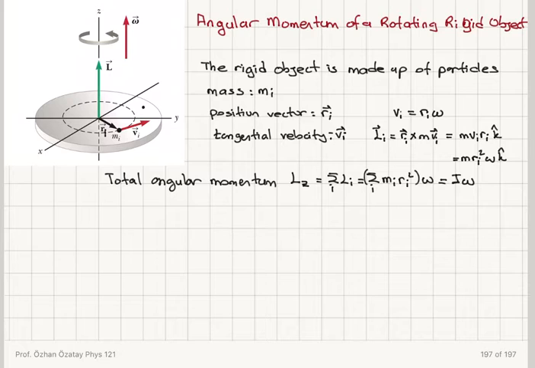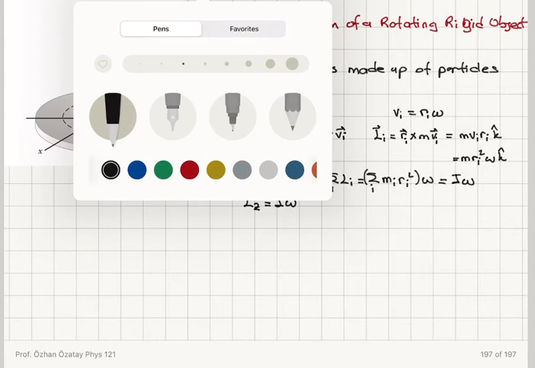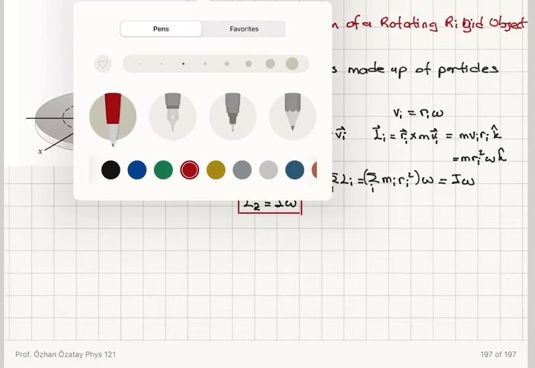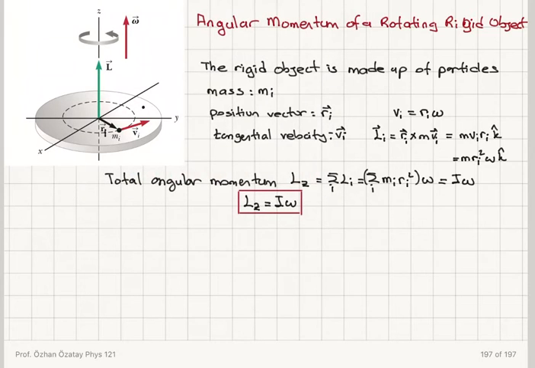Now in parentheses I have what I know to be the moment of inertia, so it's I times omega. Therefore, I find that the total angular momentum is I omega, the moment of inertia times the angular speed.